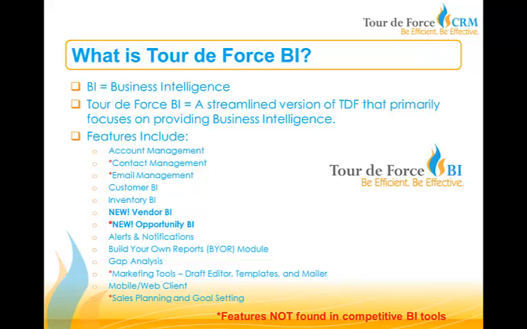We also provide you the ability to do inventory-based BI, being able to look at inventory values by product, by item, by vendor, by warehouse. So a wide range of inventory-based BI.